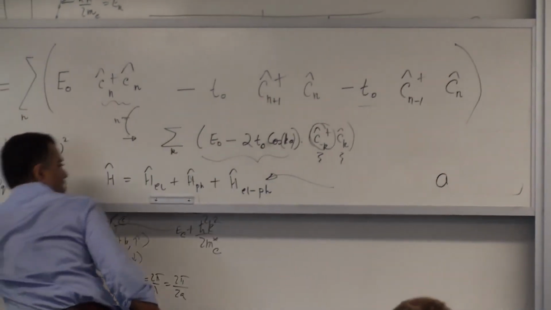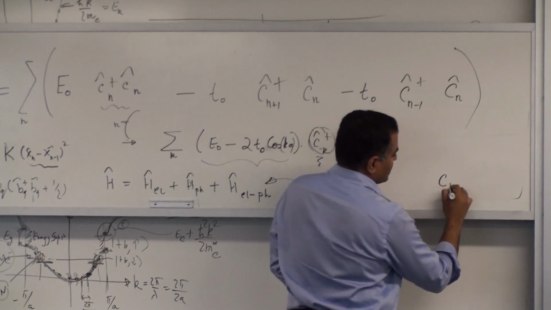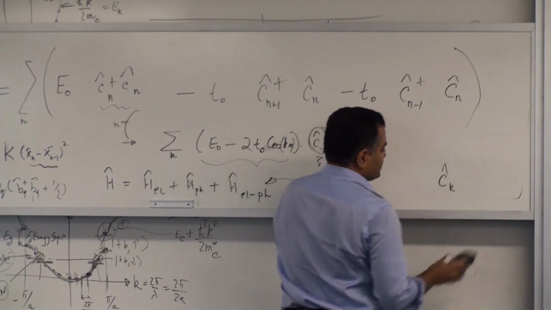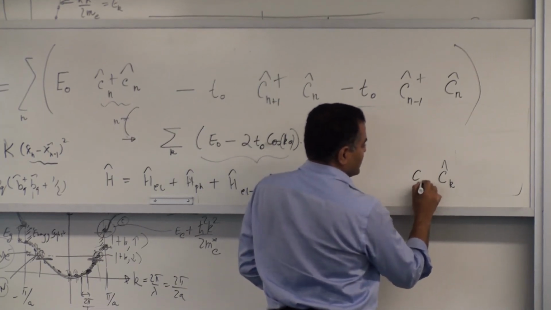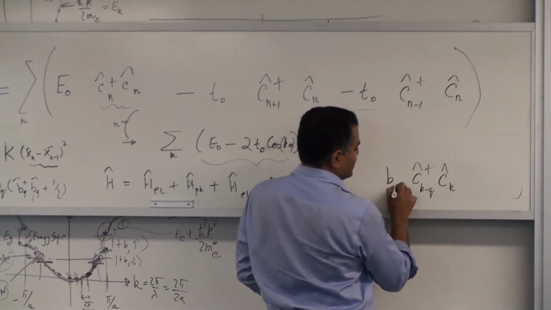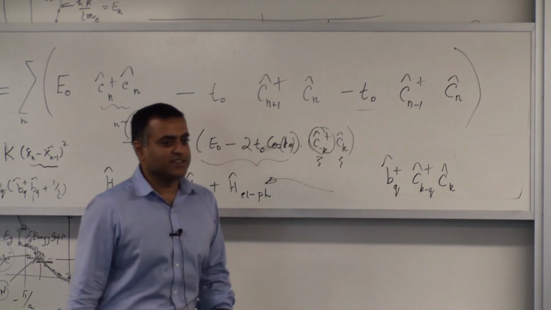Maybe you can tell me what I am writing physically, what does this mean? c_k, c_{k-q} dagger, and b_q dagger. What is this process?